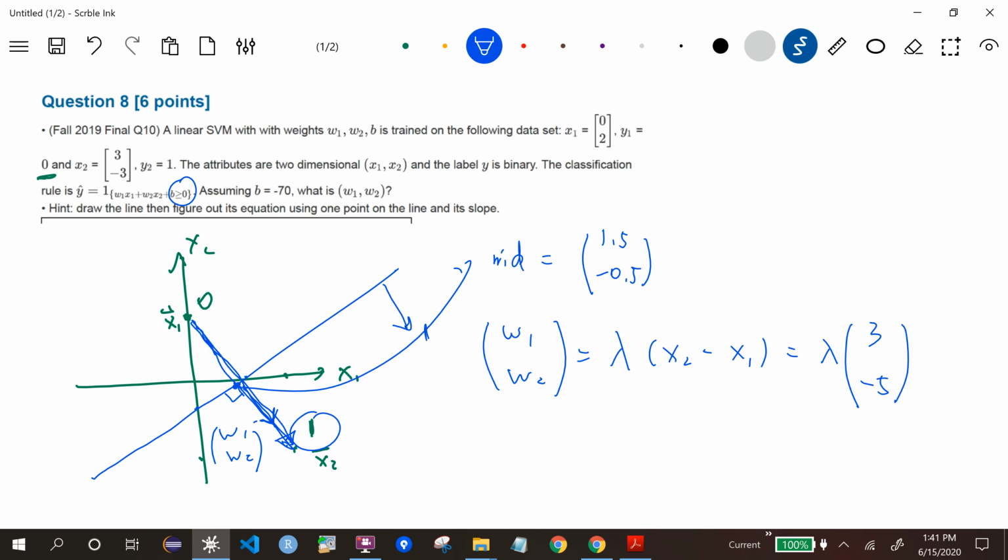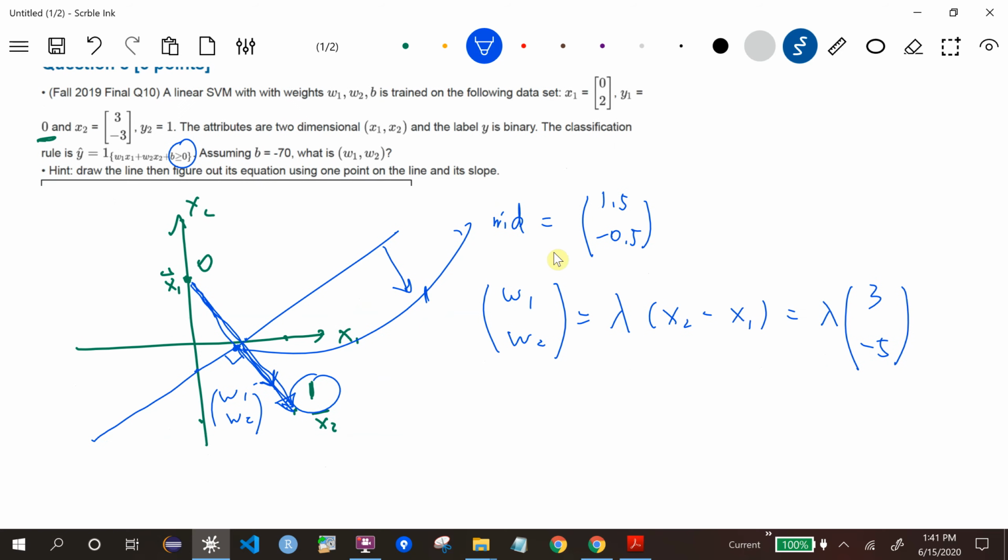Okay, so it seems we know the slope and we know a point, we can figure out the line now.